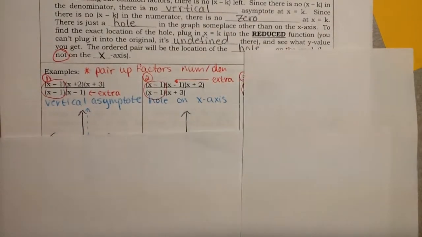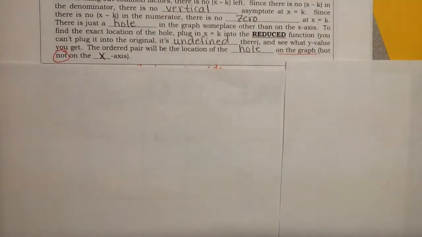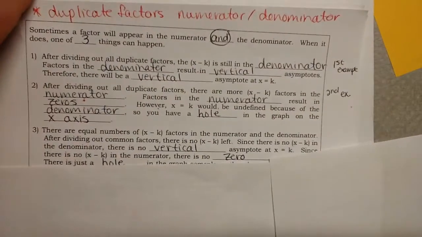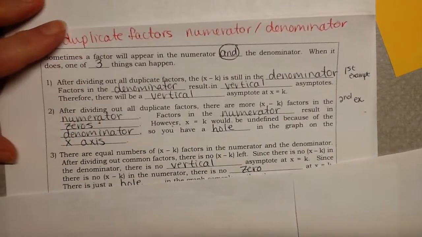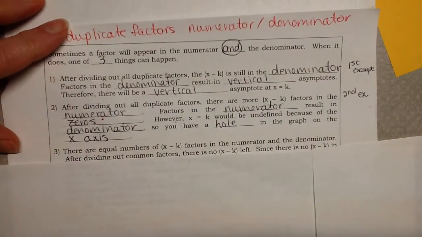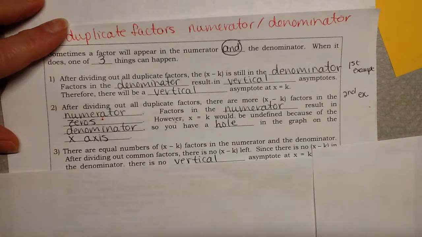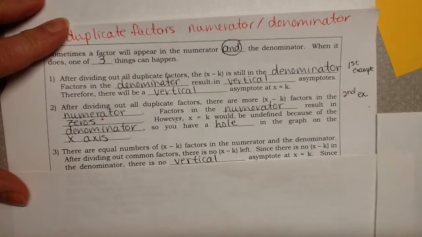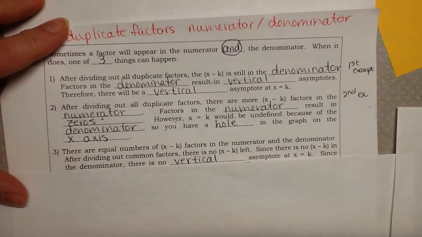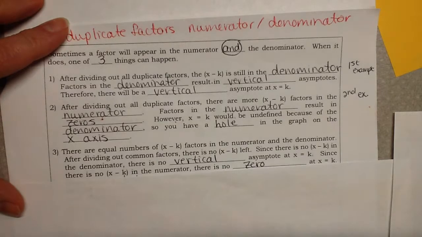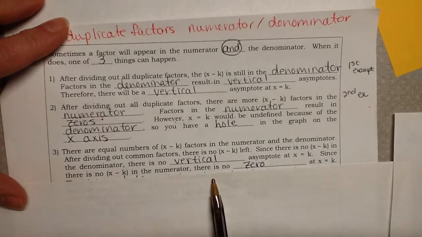The last thing that can happen is there are equal numbers of x minus k factors in the numerator and the denominator. After you divide out the common factors, there's no x minus k left. Since there's no x minus k in the denominator, there's not going to be a vertical asymptote. Since there's no x minus k in the numerator, there's not going to be a 0 at x equals k.